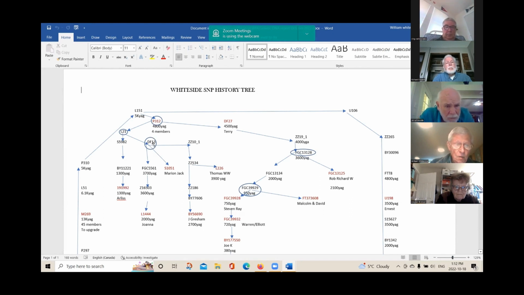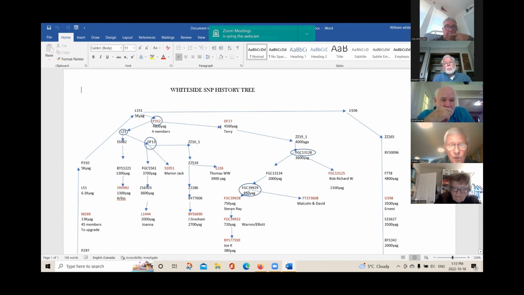From L21, we have a group that comes down. I should have looked up who this Joanna is, I forget. And Mary and Jack is off this group. There's another group off DF13 that comes down here. There's a Thomas and a Joe Gresham.